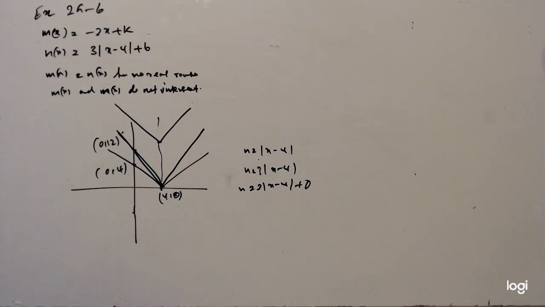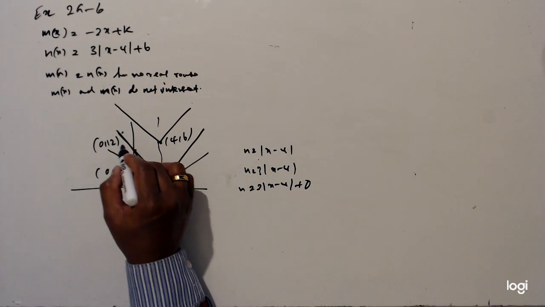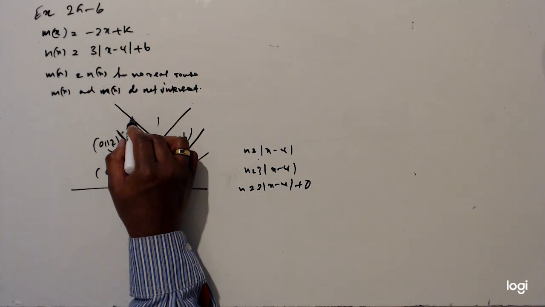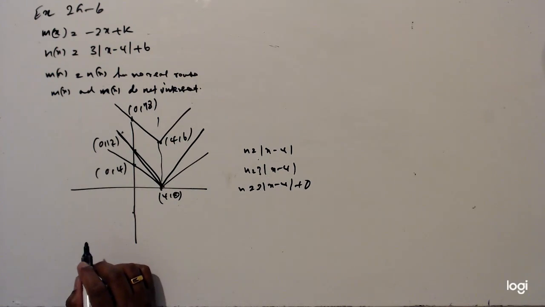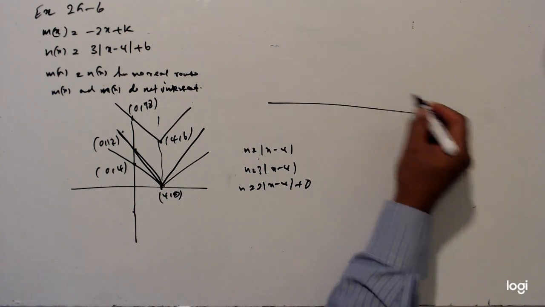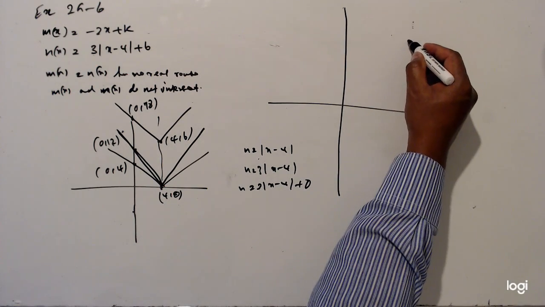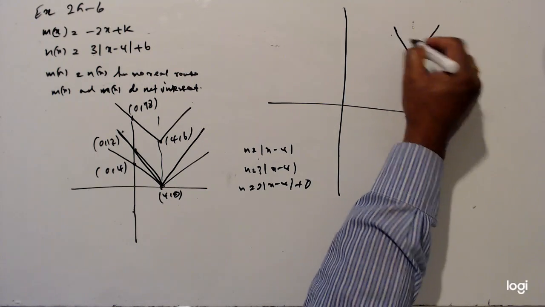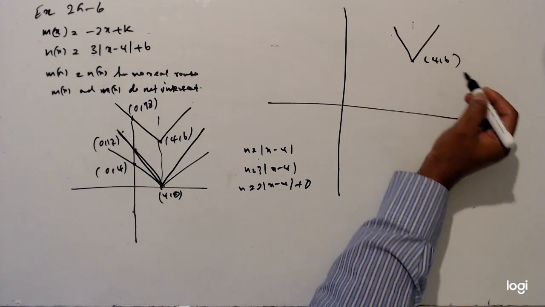So this is 4, 6 and 12 plus 6, 18, 0, 18. So this value is 4, 6.